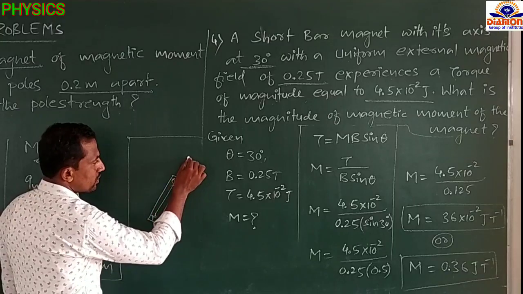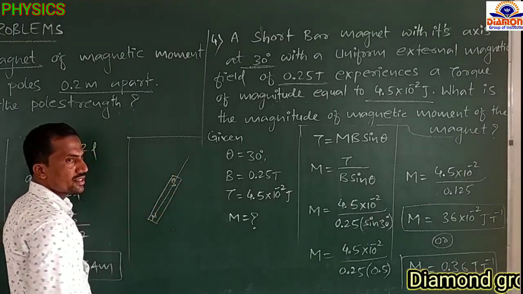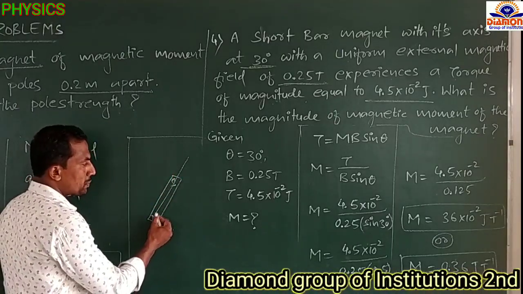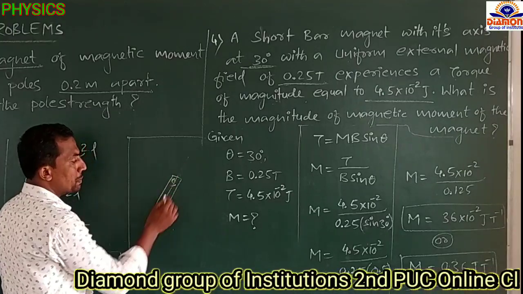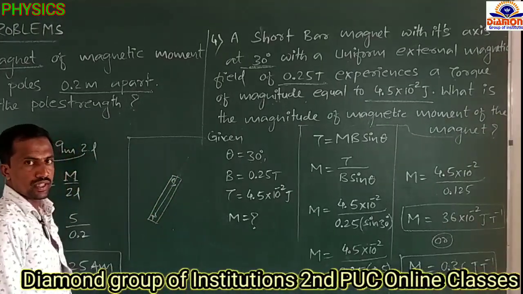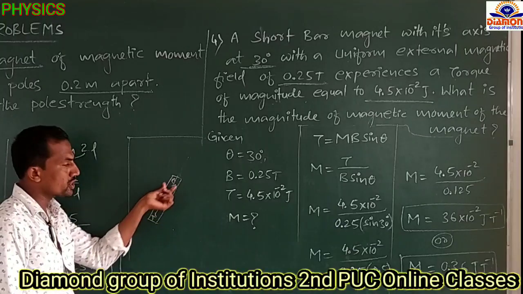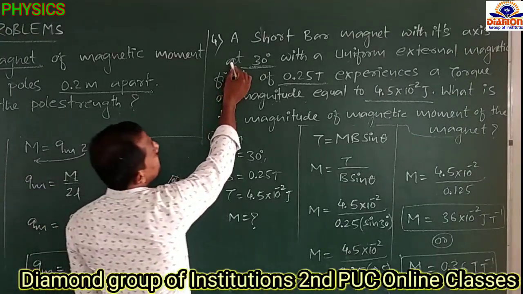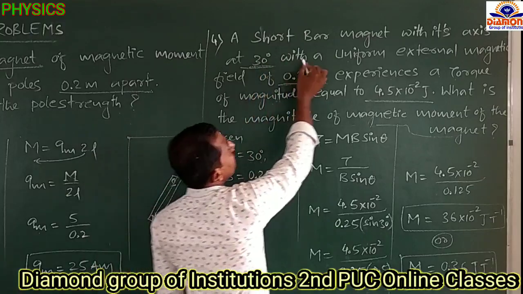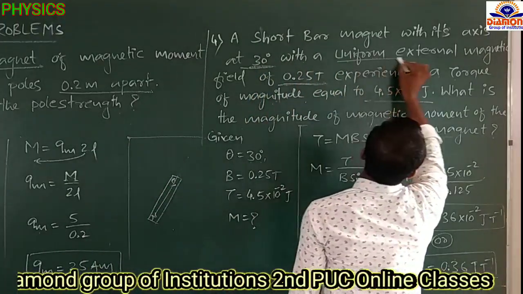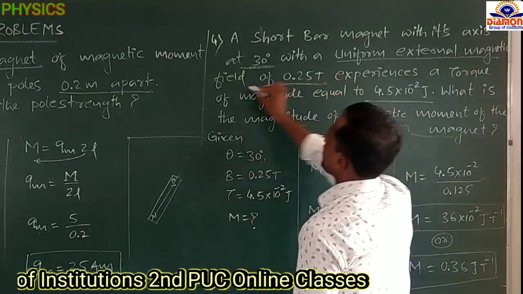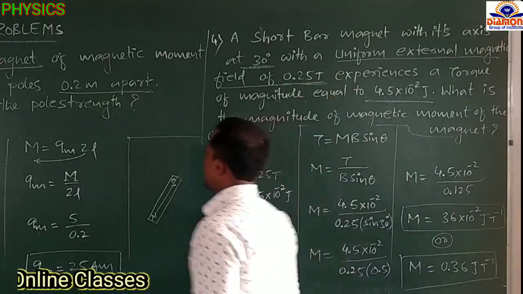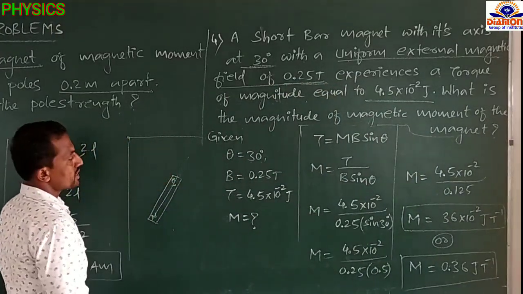Its axis: what is the magnetic axis? The line joining the north pole and south pole is called the magnetic axis. With its axis at 30 degrees to a uniform magnetic field of 0.25 Tesla.